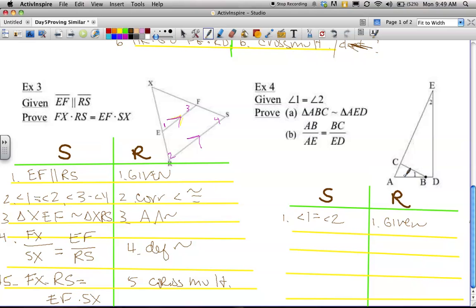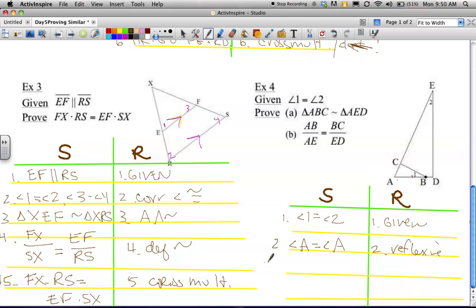Okay, so we have angle 1 and angle 2. So we need one more angle, don't we? Do they share an angle? Yes, they do. They share angle A. Therefore, angle A has to be equal to angle A by reflexive. And now we have two angles in a triangle congruent to two angles in another triangle.